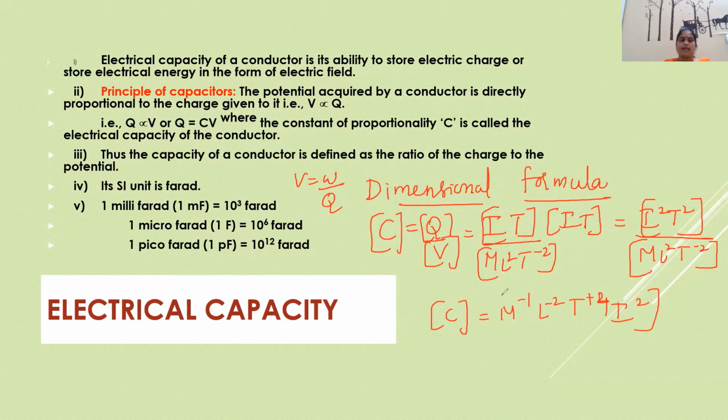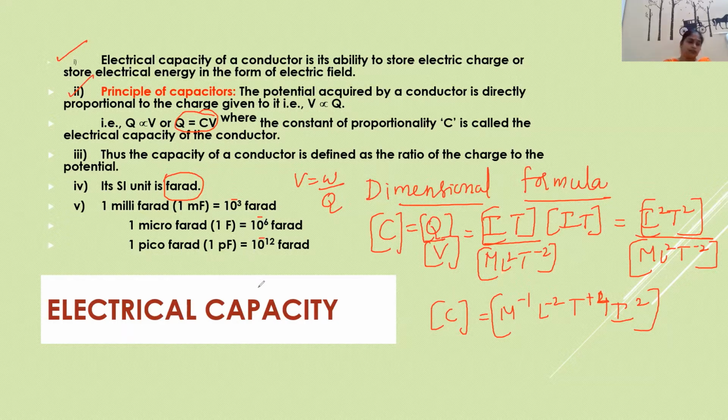So this is the dimensional formula for the capacitance of a capacitor. Okay, so now we have studied the definition of the electrical capacitor and the principle involved. Q equals CV is the principle of a capacitor, its SI unit is farad, the different units are microfarad, picofarad, nanofarad and millifarad, and this is the dimensional formula.